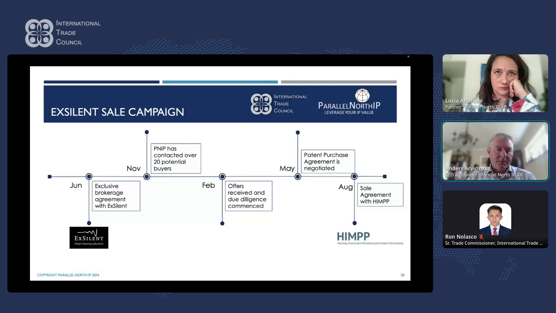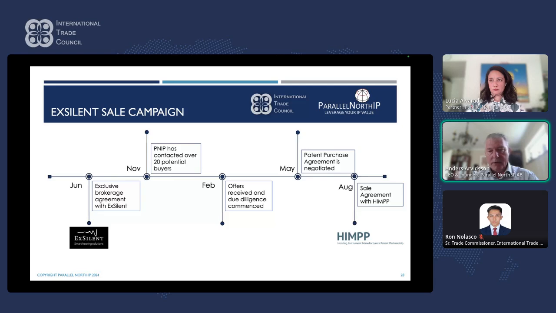And then in May, you can see that the patent purchase agreement was negotiated, and there was a closing of the agreement in August. Normally we have an agreement for 12 months, a year, and here you can see that it extends over 12 months as well. That is typically the sales period for a patent sale.